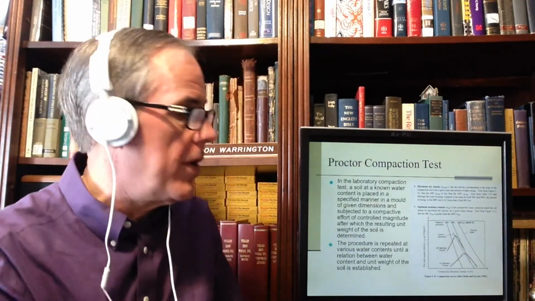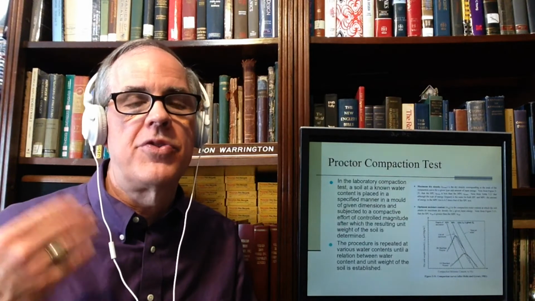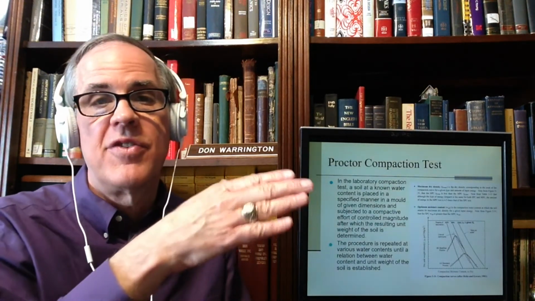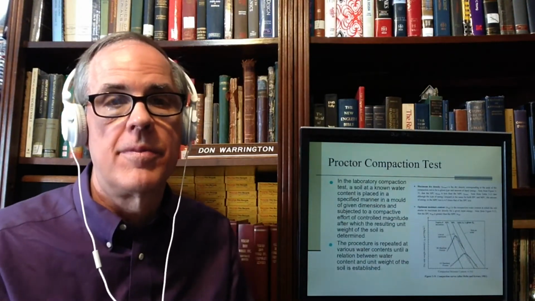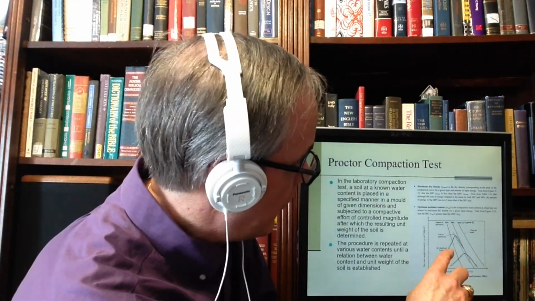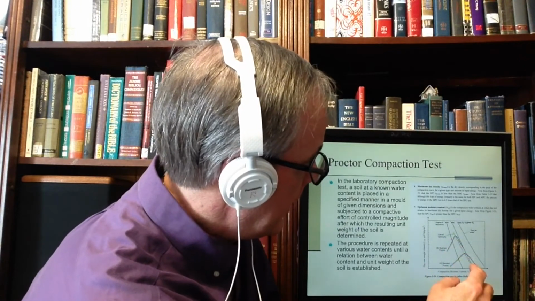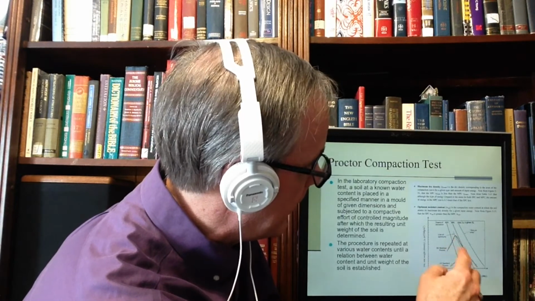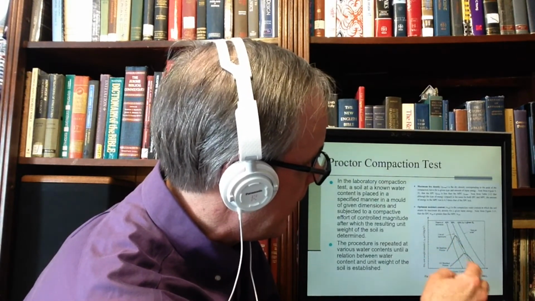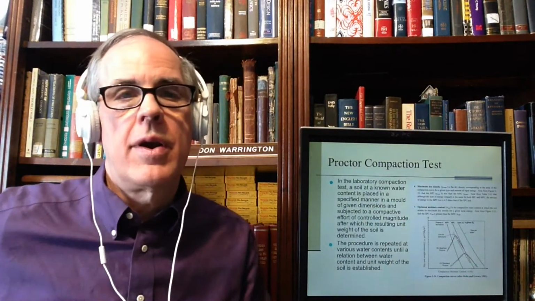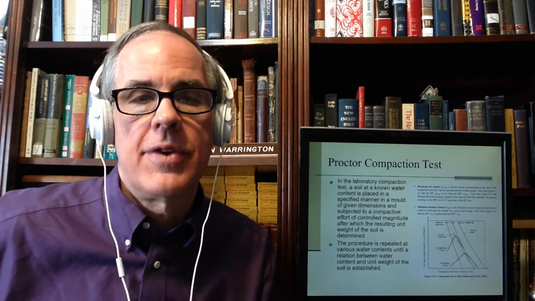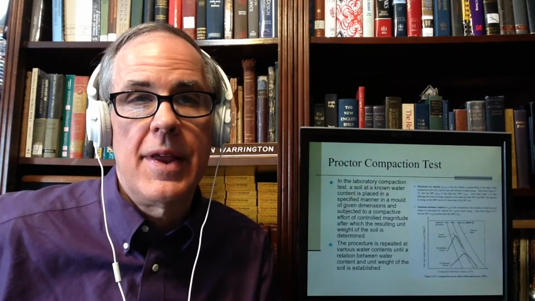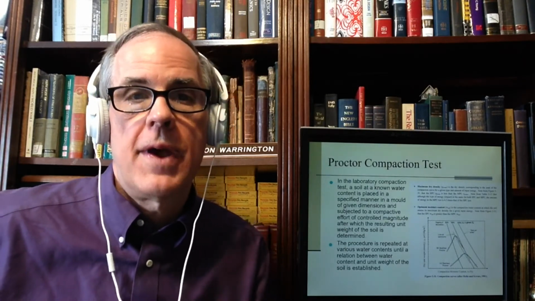If we were to run it with a certain weight, and we have a selection of weights and a selection of compactive efforts, we can run different weights and different compactive efforts, and we'll get that. If we can do this with different types of compactive efforts, we can draw this nice line of optimums, which we can use on the job site to pick proper equipment and lift thicknesses for our compaction.